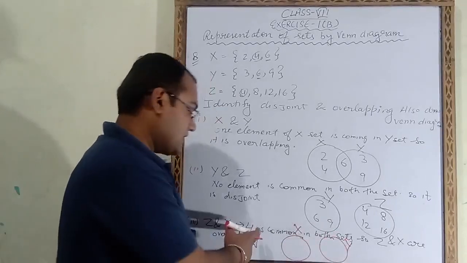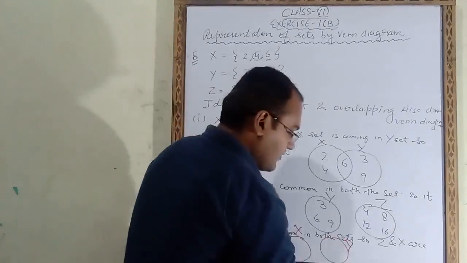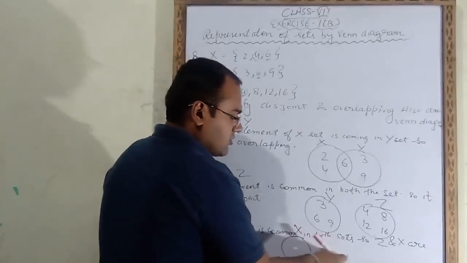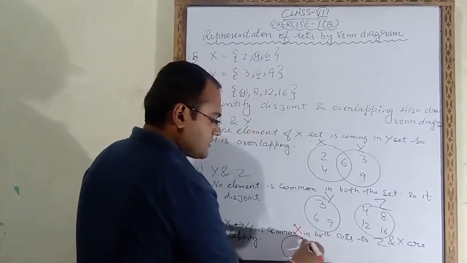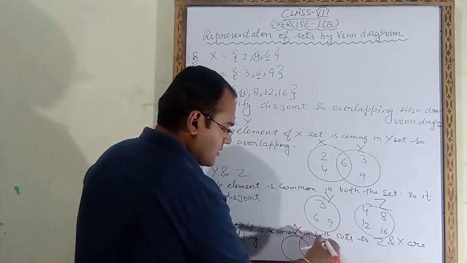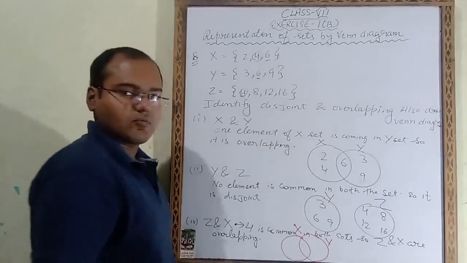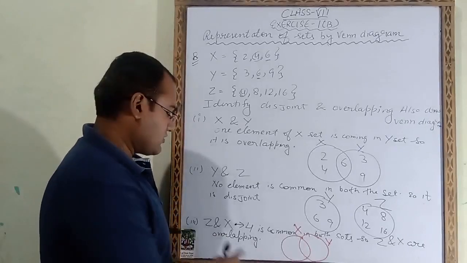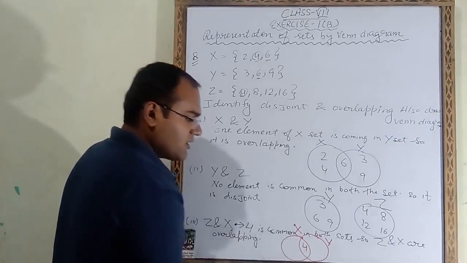But common is coming, that's why we will not make this figure. We have to make such a figure, this one. So we have to make the overlapping figure, X and Y, like this. In the center we have to fill the common. What is common? 4. So here we will fill 4.